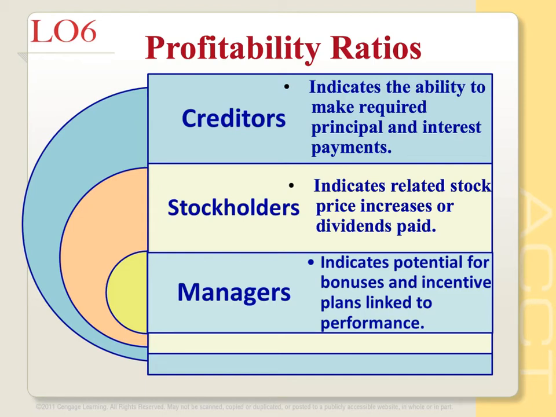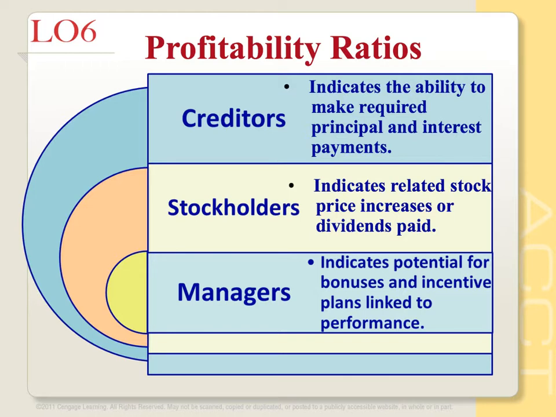So here we're going to take a look at another group of ratios and their importance to decision makers, those concerned with profitability. Creditors are always concerned with profitability because it indicates an ability to make required principal and interest payments. Stockholders are always very interested in profitability because of related increases in stock prices or dividends that might be paid to the shareholders.